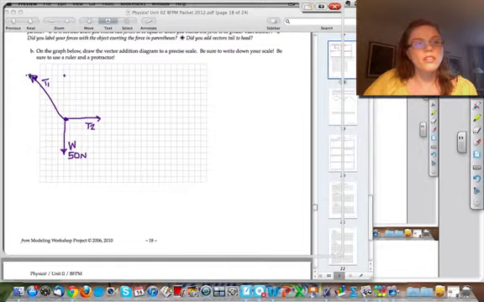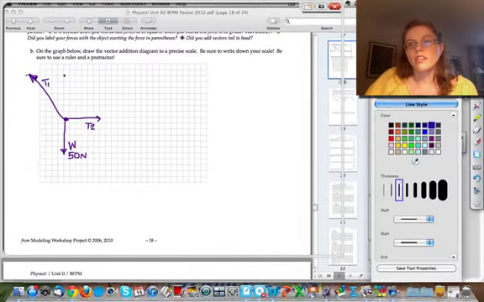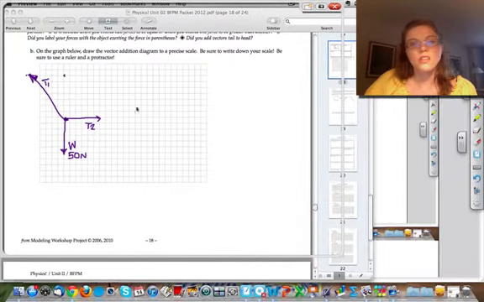So this angle right there, in a different color. This vertical angle is 25 degrees. They actually give us something right here. That's opposite of 10, so we're good.